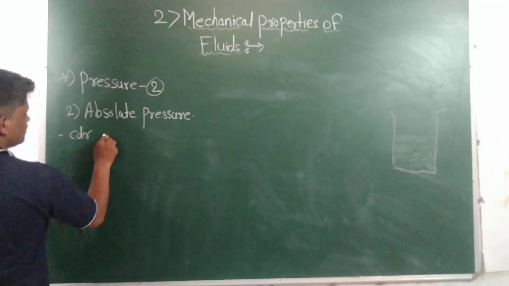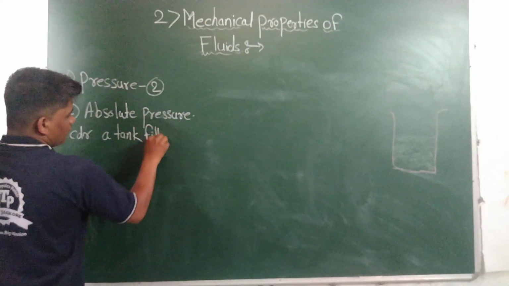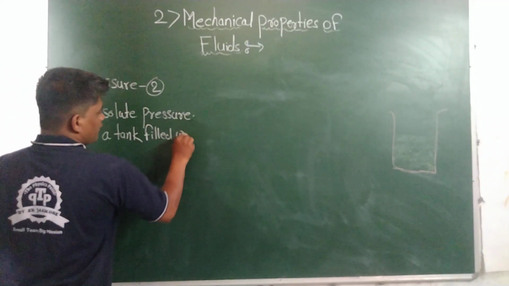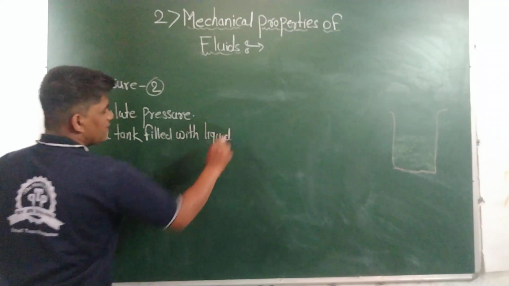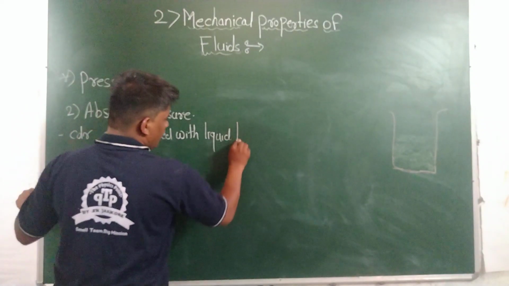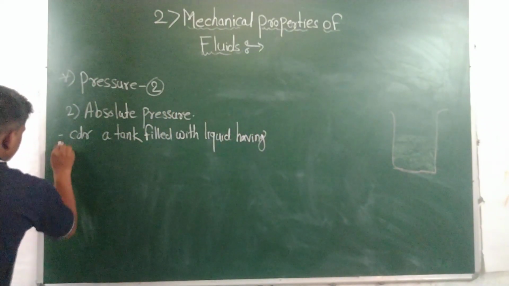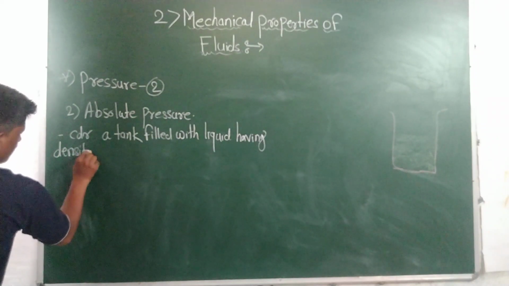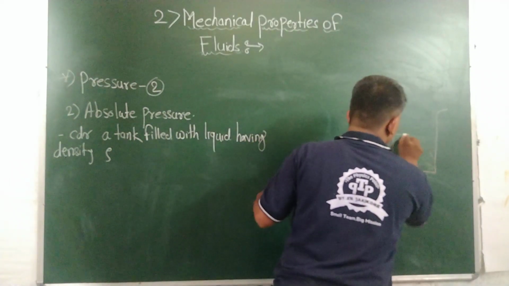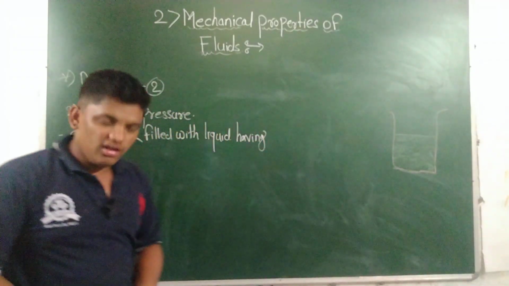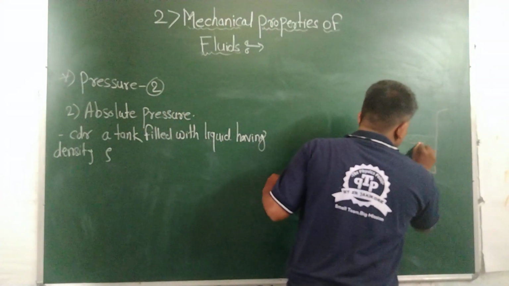Consider a tank filled with liquid or water, maybe liquid having density rho, where rho is the density of that liquid. And again we draw one imaginary cylinder here.